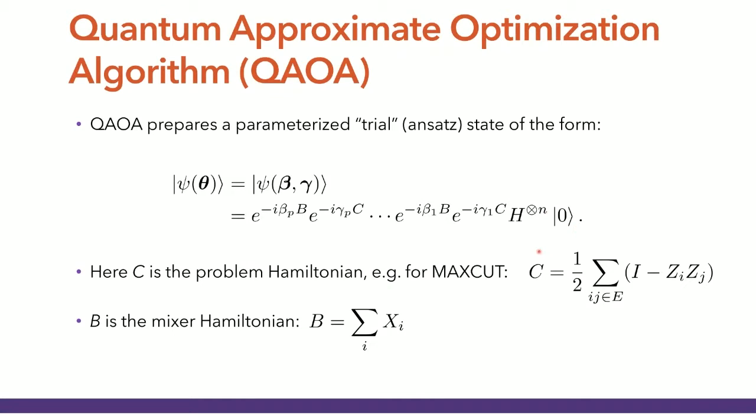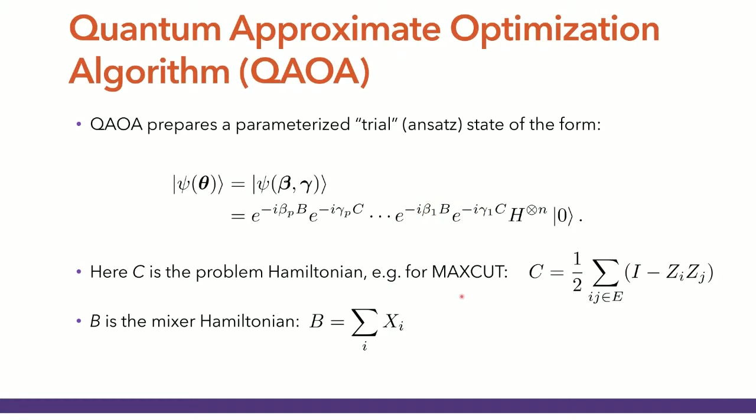We apply Hadamard on each qubit, and then we apply a sequence of alternating operators, where one operator is the matrix exponent of minus i times some free parameter gamma times the problem Hamiltonian, and another is the exponent of minus i times some free parameter beta times B, the mixer Hamiltonian.